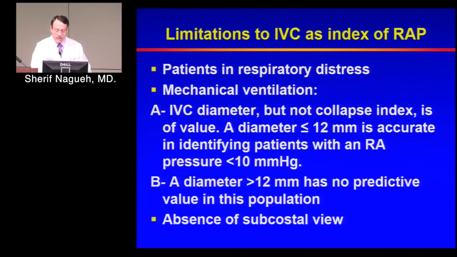If it's more than 12, it has no predictive value. Notice that we are looking at an RAP estimation of 10. Most individuals with normal RAP walking around have an RAP close to 0 millimeters mercury, and most textbooks define the upper limit of normal at 8.